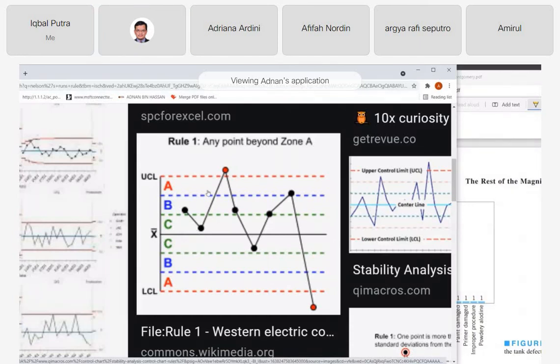This is how we can use runs rules, how patterns can be used to recognize an unstable process within control limits.